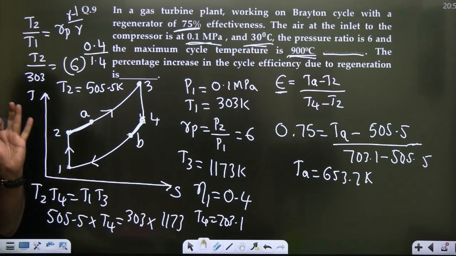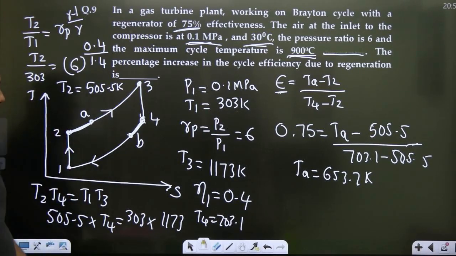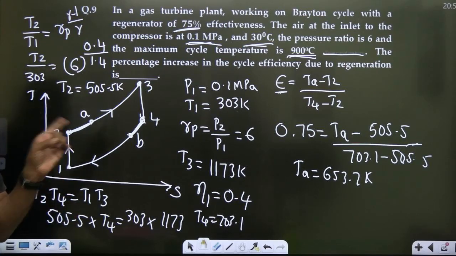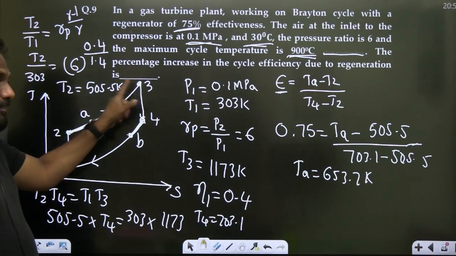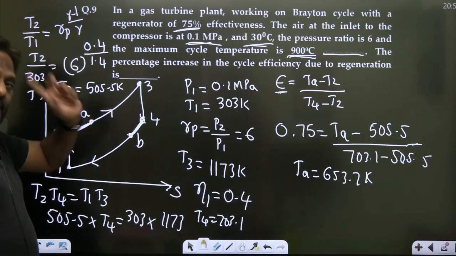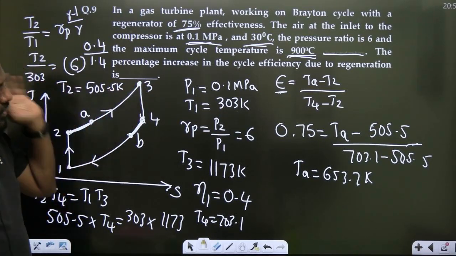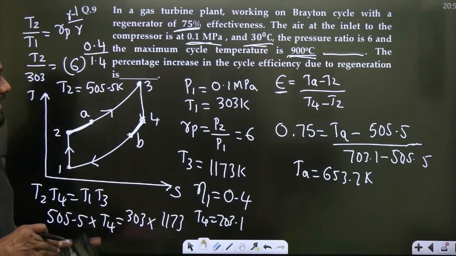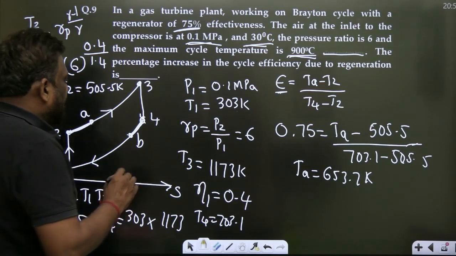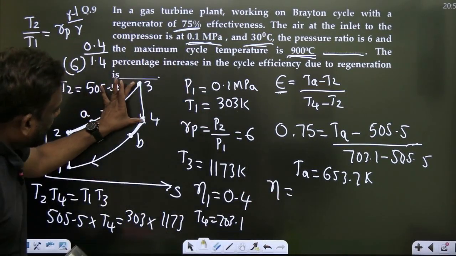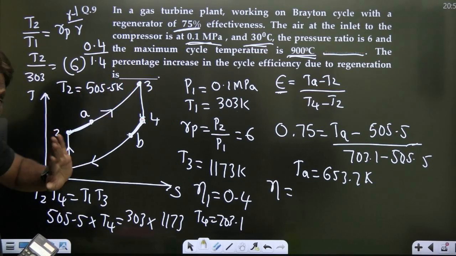Now, what is the efficiency with regenerator? Net work by heat supply. Now we are not supplying heat from 2 to 3. So 2 to A is in regenerator and A to 3 is actual supply. So the efficiency equation: turbine work minus compressor work is net work.